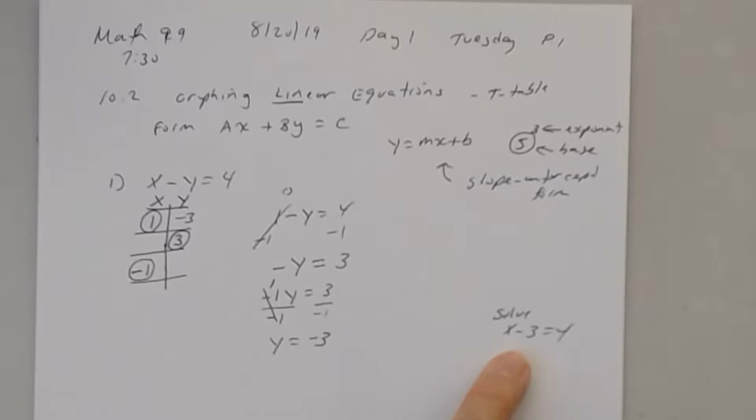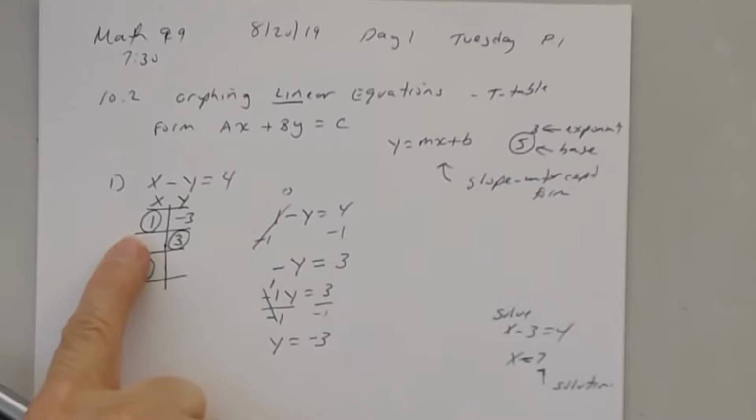Guys, what is x? Change the sign. Well, what is x? What's that number? 7. What's 7 minus 3? 4. Right? So basically, you were to add 3 to both sides. So x equals 7 is a solution.